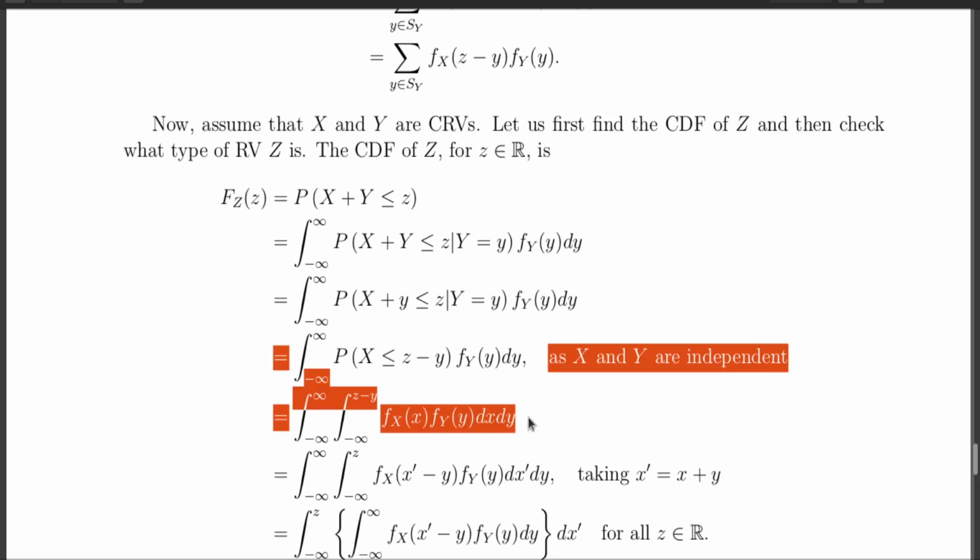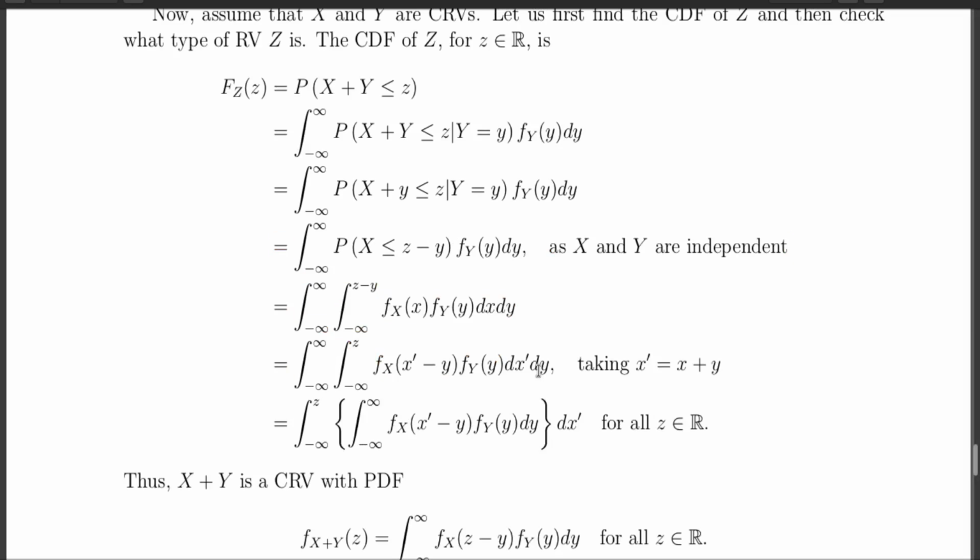Right. So now I am just going to do a change of variable, and what I take is x prime equals x plus y. If I make this transformation from x to x prime, in the first integral the range of integration changes to minus infinity to z, and instead of x I have x prime minus y, and then dx prime.